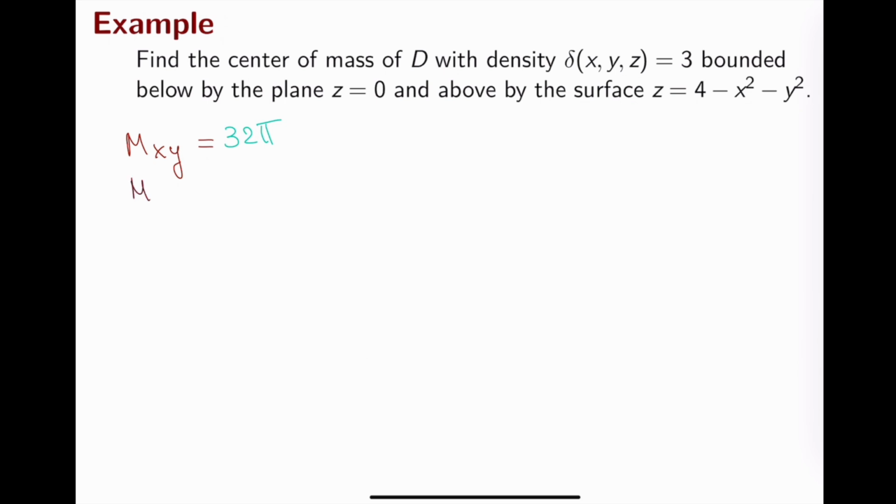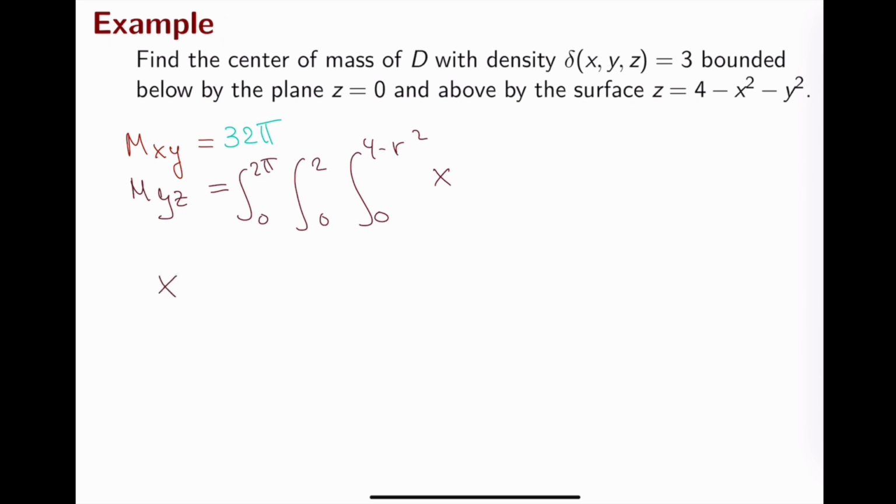The moment with respect to yz, so then will be again the triple integral. We know already the extremes of variation here, but now we're going to write, since I put here yz, we are going to put here x, the variable that remains.